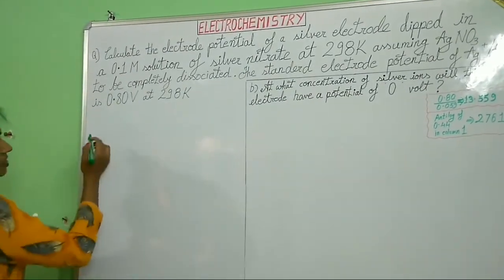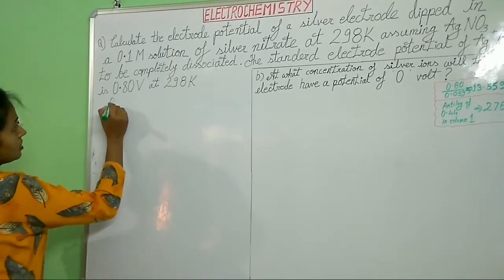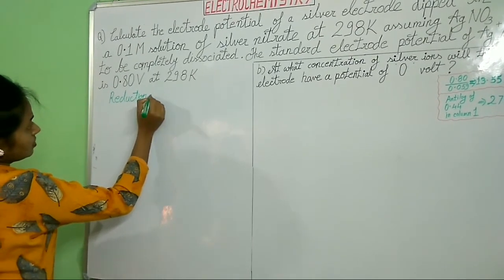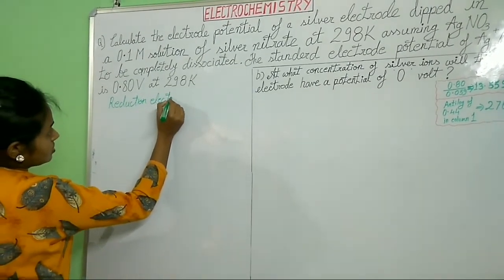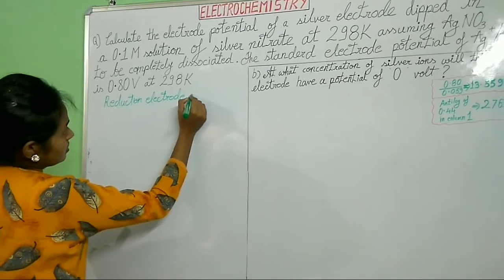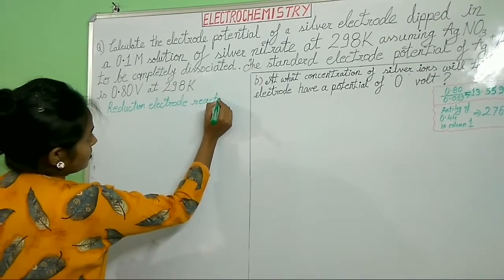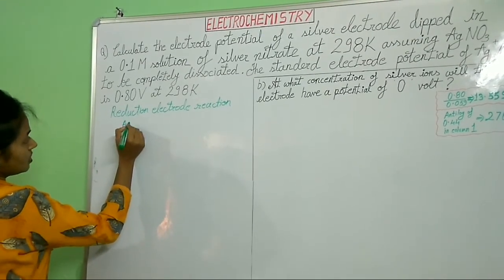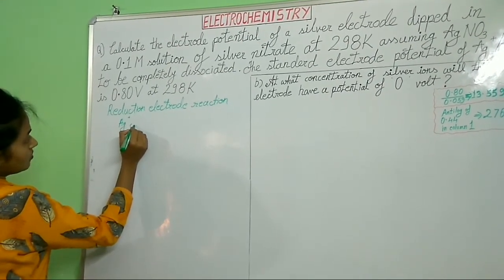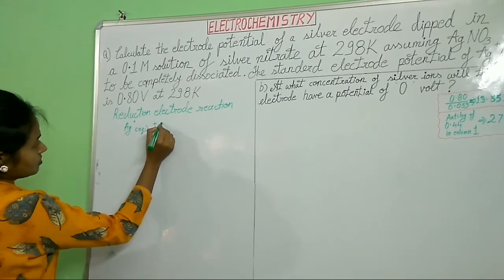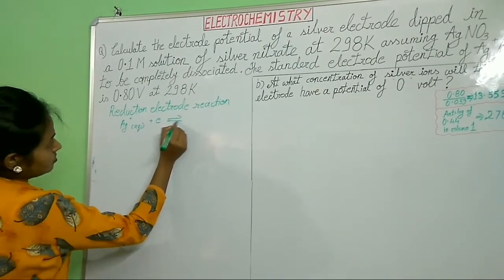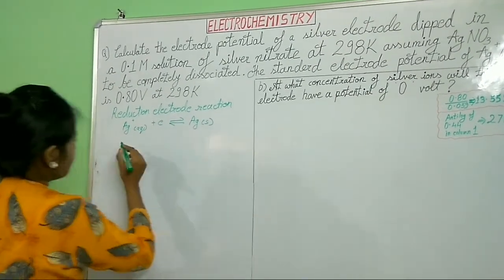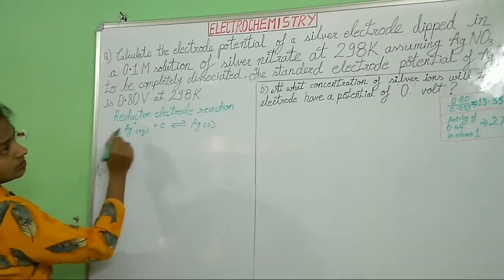Now, let us first see the reduction electrode reaction occurring in this cell. What is the reaction undergoing? It is a silver nitrate solution. So, Ag plus aqueous is gaining 1 electron and it is turning into Ag solid, right? Now, how to find out the E cell?